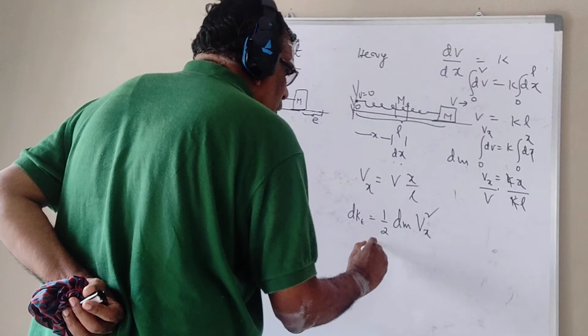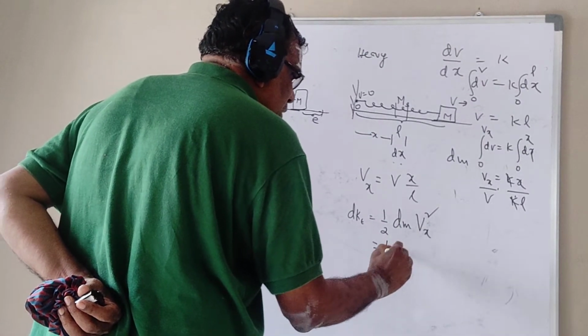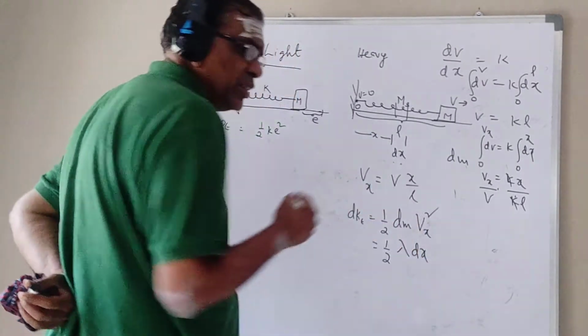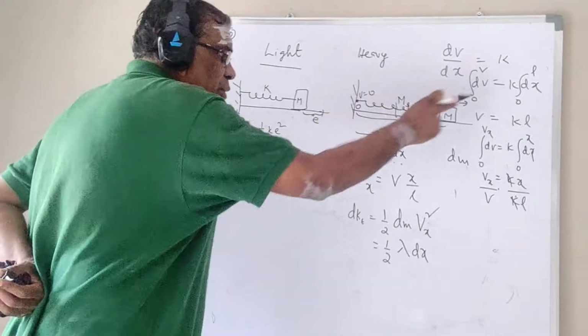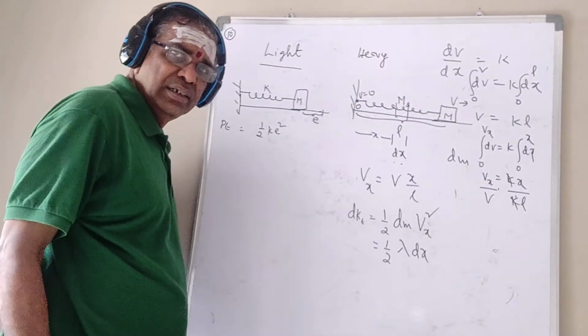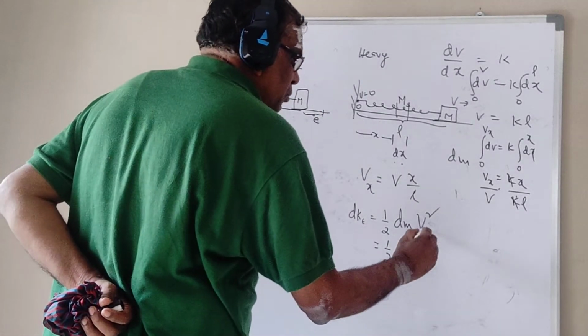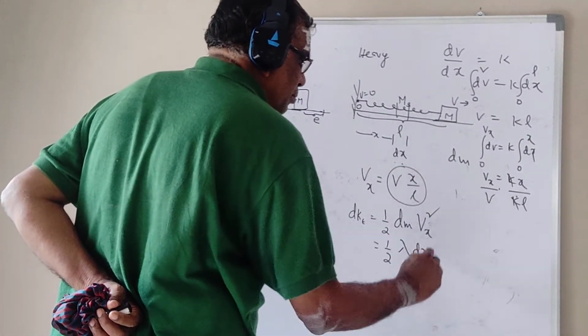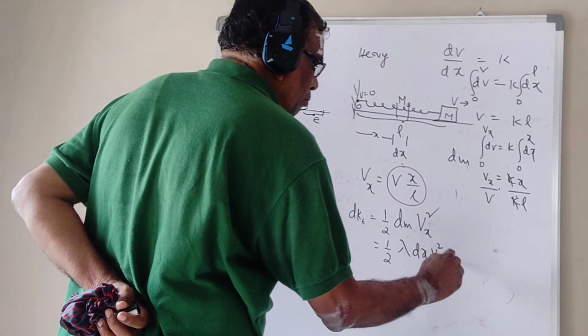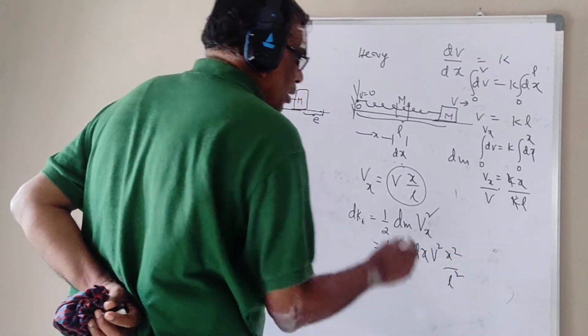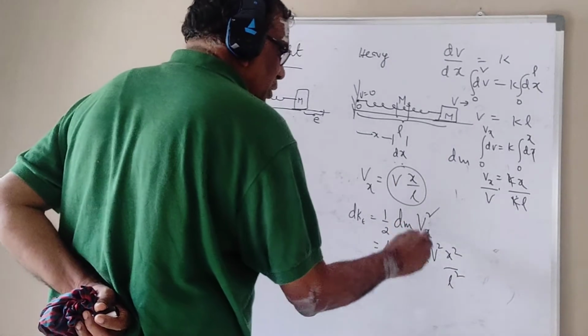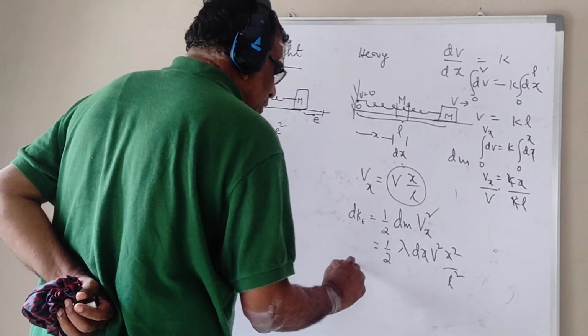So what is this, lambda dx, as I was telling you? I take it to be a linear density here, which is of course constant. And what is Vx? V into x by L, because there is a square, I have squared it.